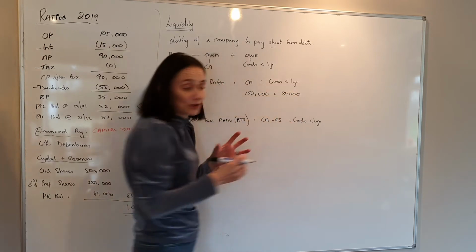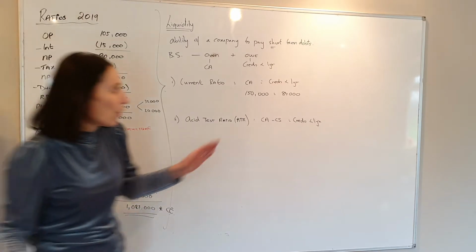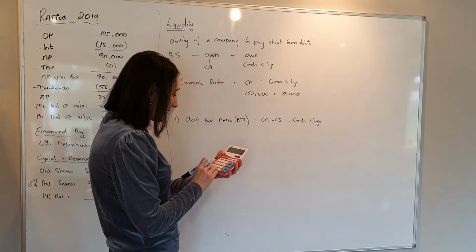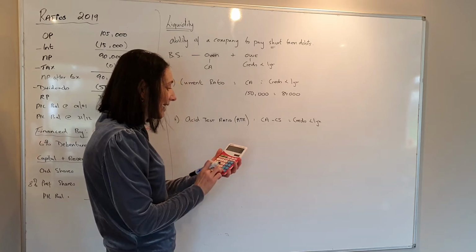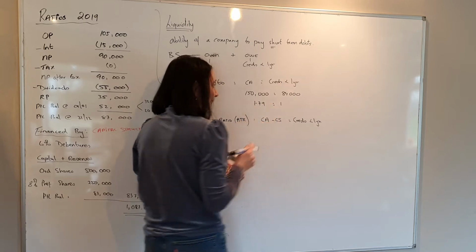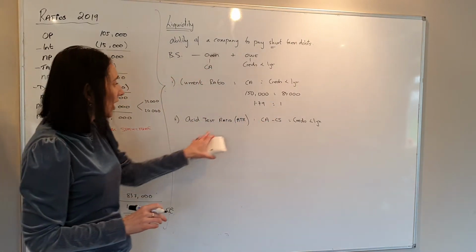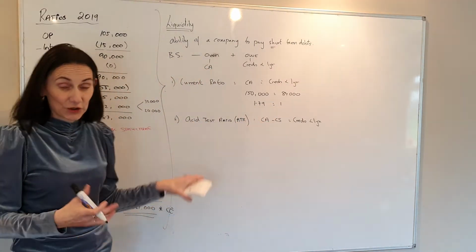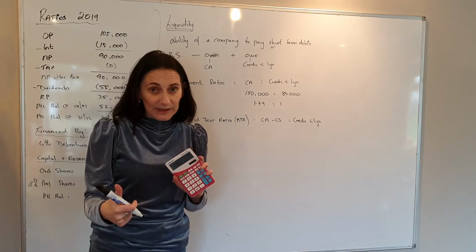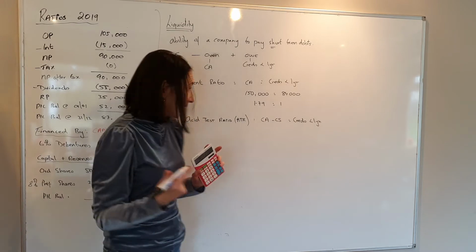Now the next thing that I want you to be careful of here, you always get 1 on the right hand side. So if I want 1 there, I'm going to divide both sides by 84, and I get 1.79 is to 1. Now I'm going to concentrate on the asset test ratio because this is the one you're actually going to do in the exam. Remember, you'll only do the current ratio if they specifically ask for it, or they've given you the result from last year.